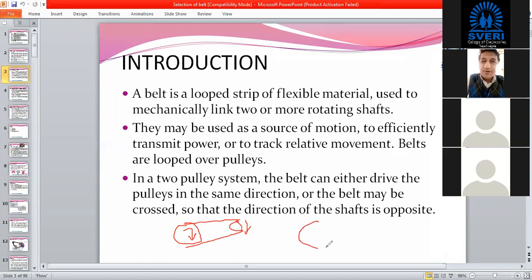Whereas if you want to rotate the pulleys in opposite directions, then cross belts are used. If this input pulley is rotating clockwise, then the output pulley will rotate anti-clockwise. Okay, so this is called open belt drive, and this is called cross belt drive.